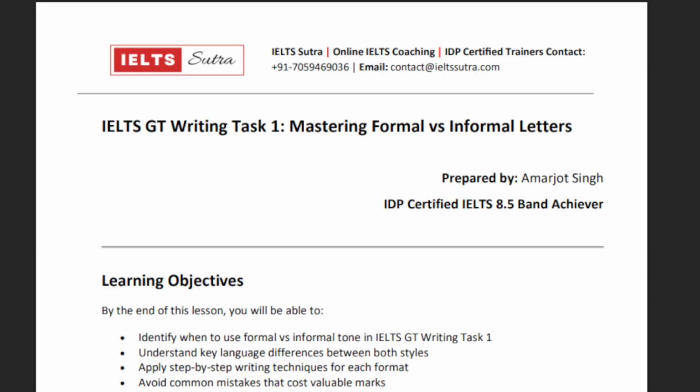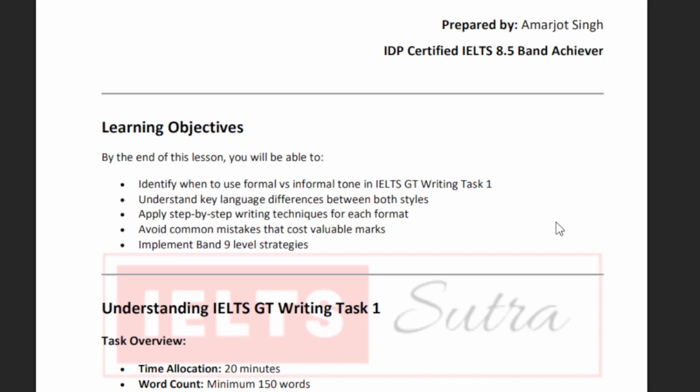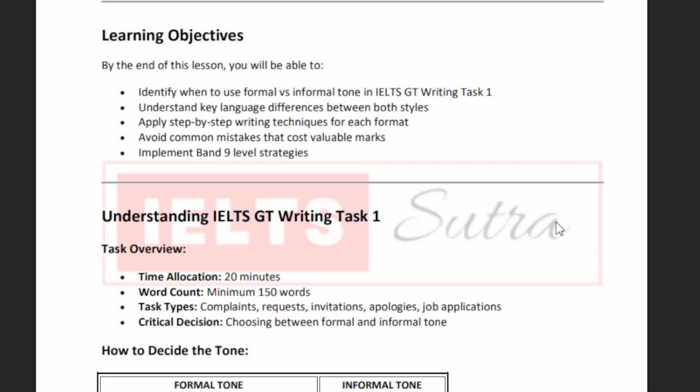Let's get started. So first of all, let's understand the learning objectives of this lecture. In this lecture, we are going to identify when to use formal and informal tone in the IELTS General Training Writing Task 1. As you know, in writing task 1 in case of general training, you have to write a letter, and letters are of two types generally. You have formal letters and informal letters.